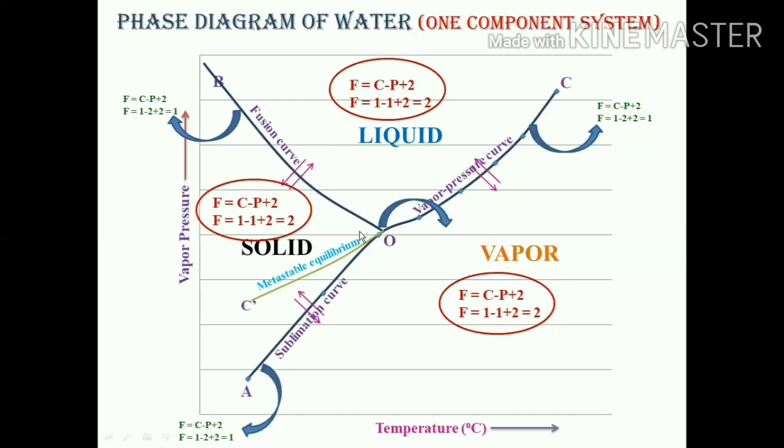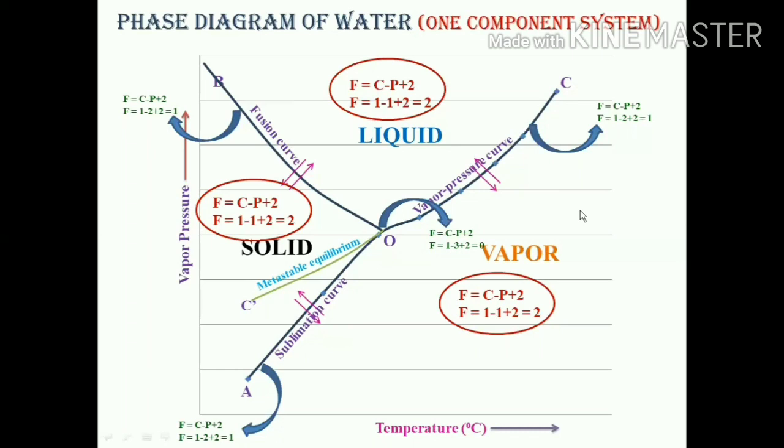I told you just now, this is the point wherein solid, liquid, and vapor, all three phases, coexist. So the value of P over here will be 3: solid, liquid, and vapor. And in case of the triple point, the number of degrees of freedom comes out to be 0, that means it is a non-variant system.